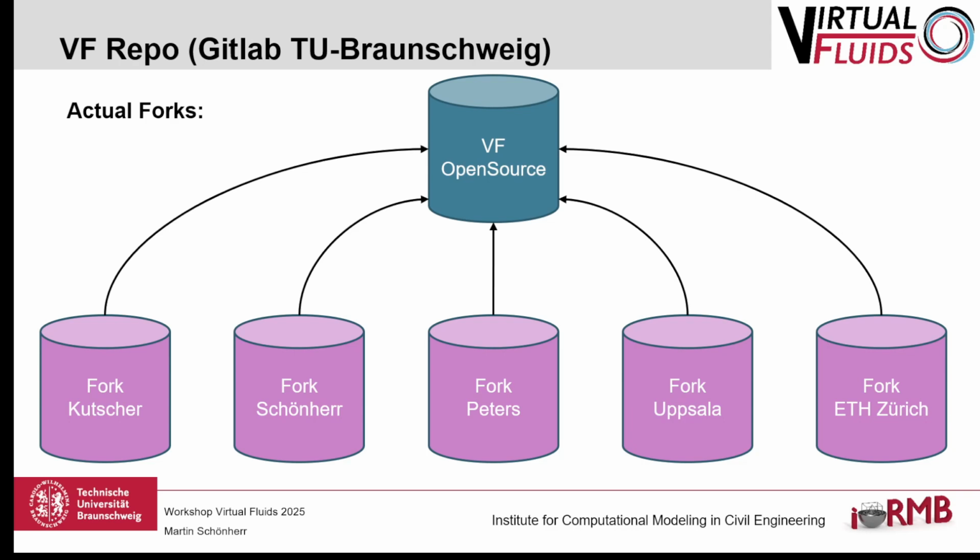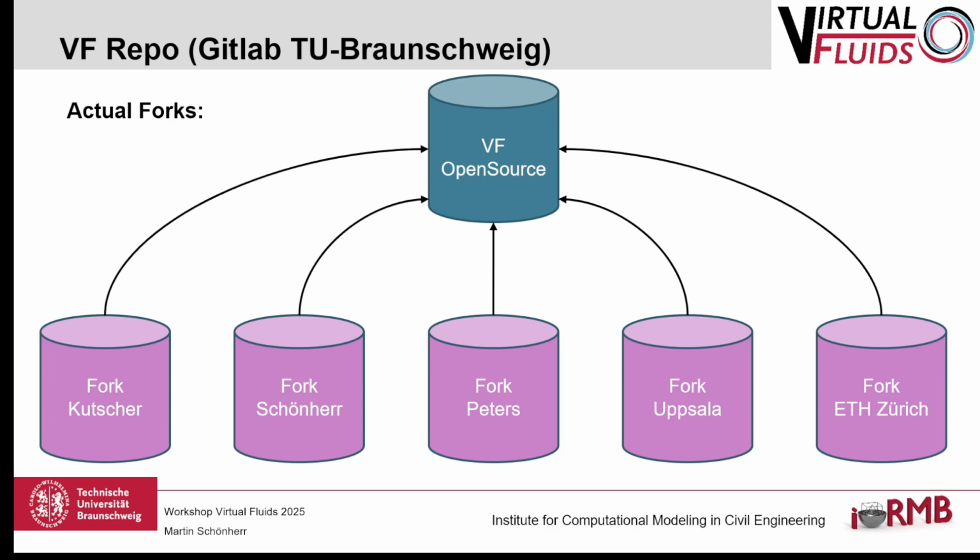Then we have the fork of Sören Peters. This is the guy who teaches us a lot about sustainability of software and this GitLab CI and so on, what we're talking about in a minute. Sadly, he left us to earn big money at Siemens, I guess. So we will see if this fork will survive for a long time.